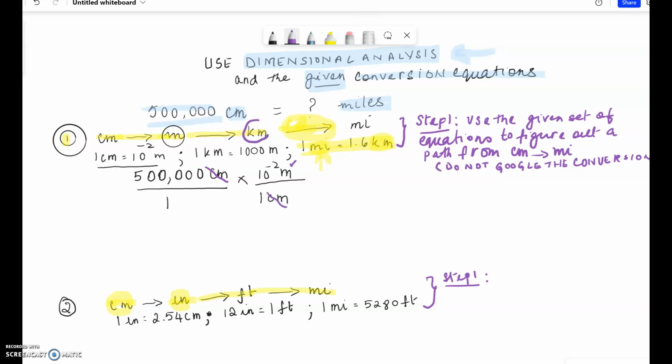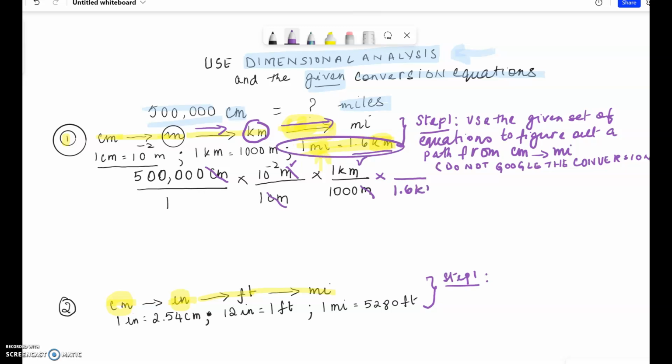Now from meters we're going to change it to kilometers. That's the next step. We use the equation 1,000 meters is 1 kilometer. Let's see if it gets cancelled. So meters cancels with meters, and now we've converted everything to kilometers. Now kilometers have to change to miles. We use that equation. 1 mile is 1.6 kilometers.